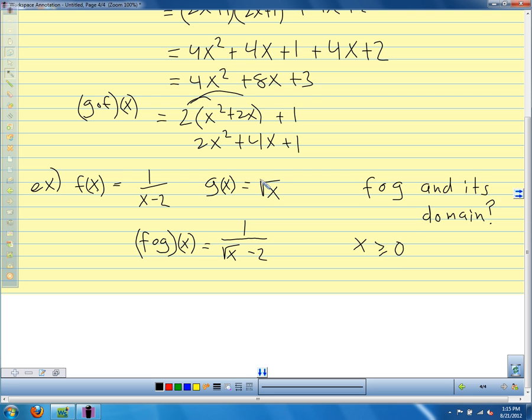That comes from g. And then what about the entire composition? What number is going to give us a problem in the whole big composition? X equals 4. Because when we take the square root of 4, we get 2, and then we get a 0 in the denominator. So x cannot equal 4.